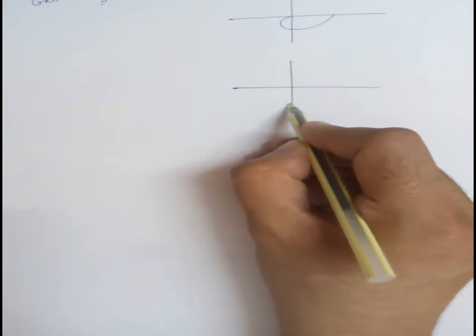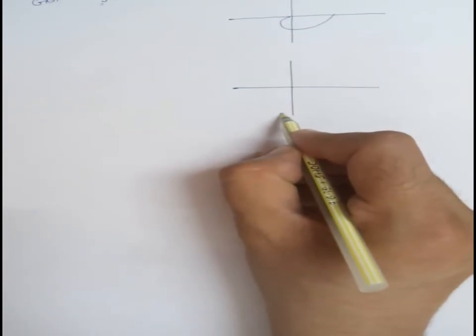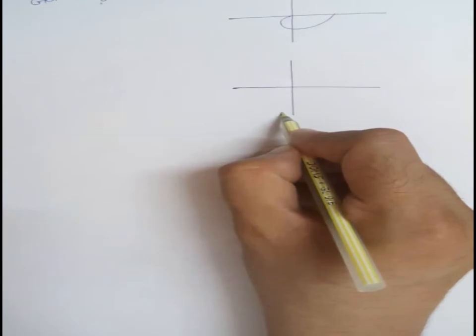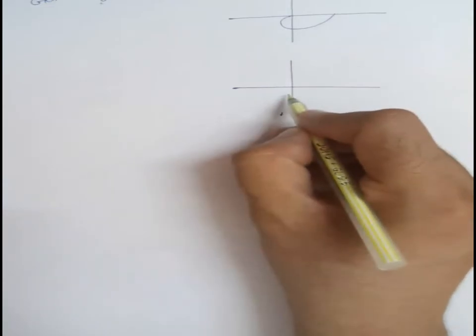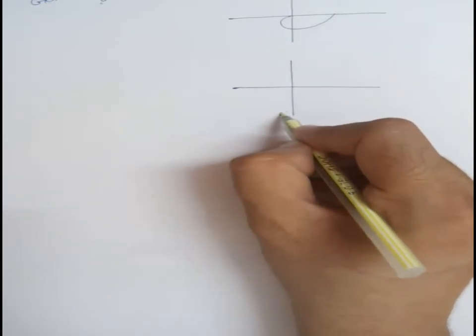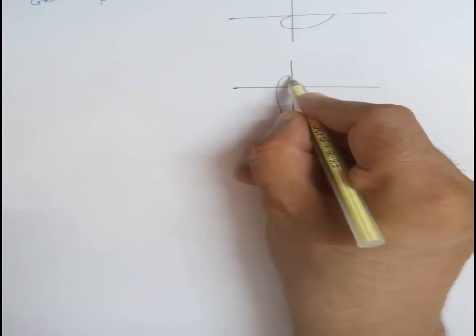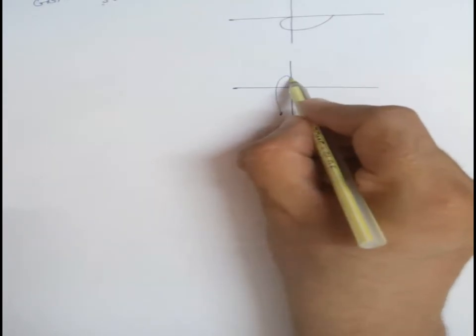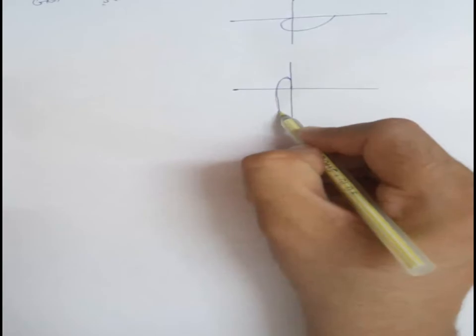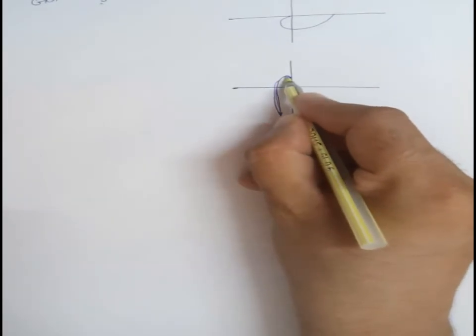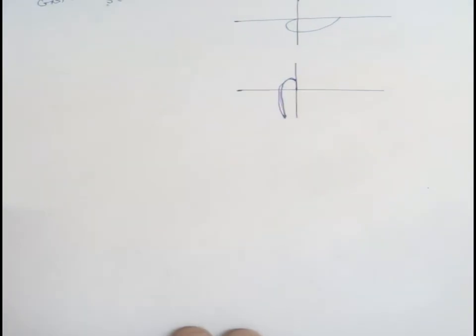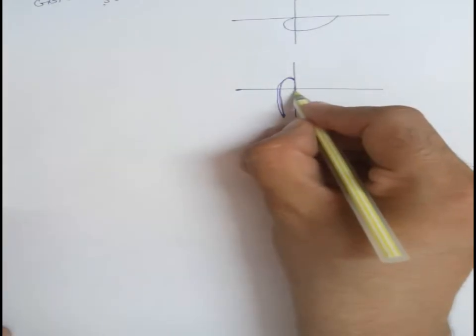So it starts from here and goes from here. This type of system I got. Okay, so now I have to draw the mirror image of this.